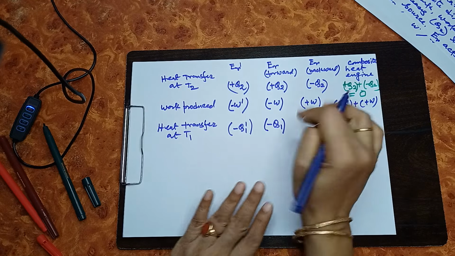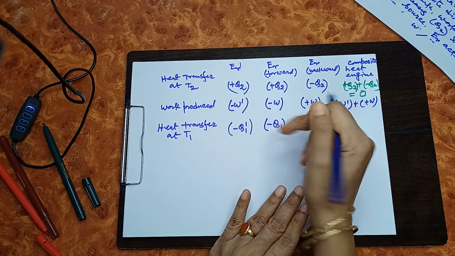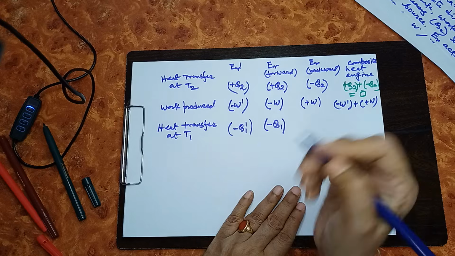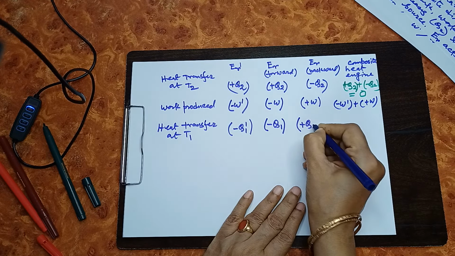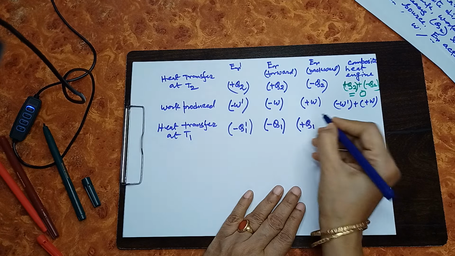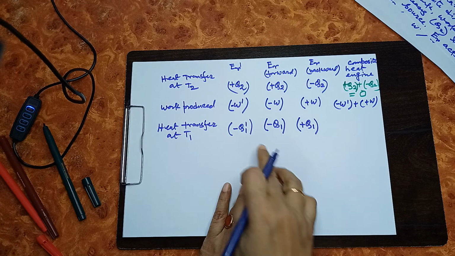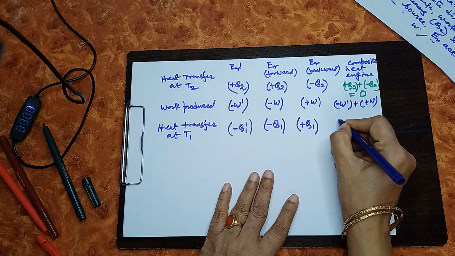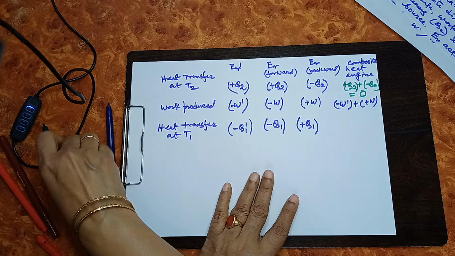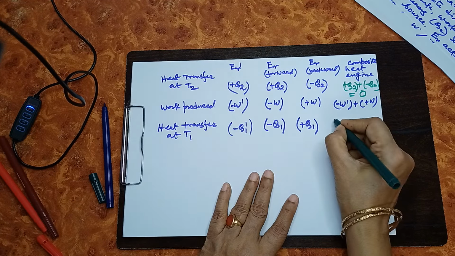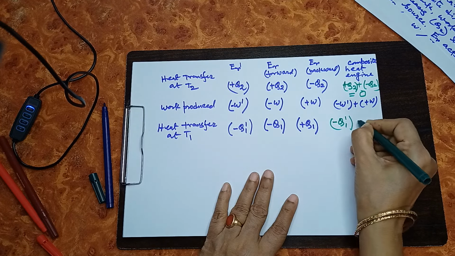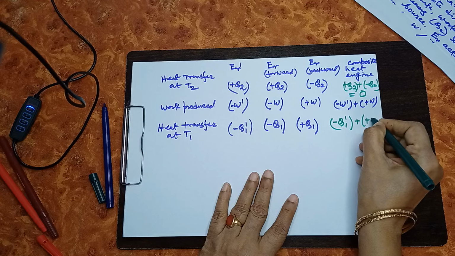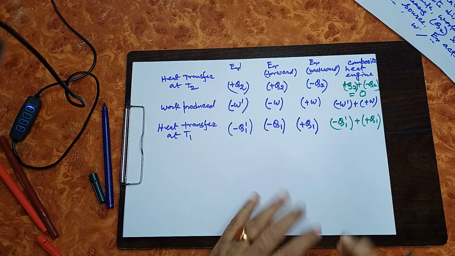But in the composite it is actually acting in the backward direction. Then in the backward direction it will be plus Q1. It is taking heat from the sink. So what is the result? The result is minus Q1 dashed plus Q1. Okay.